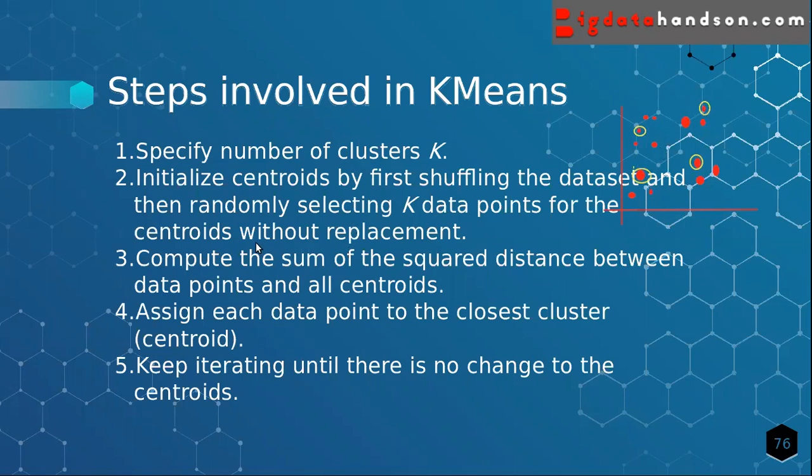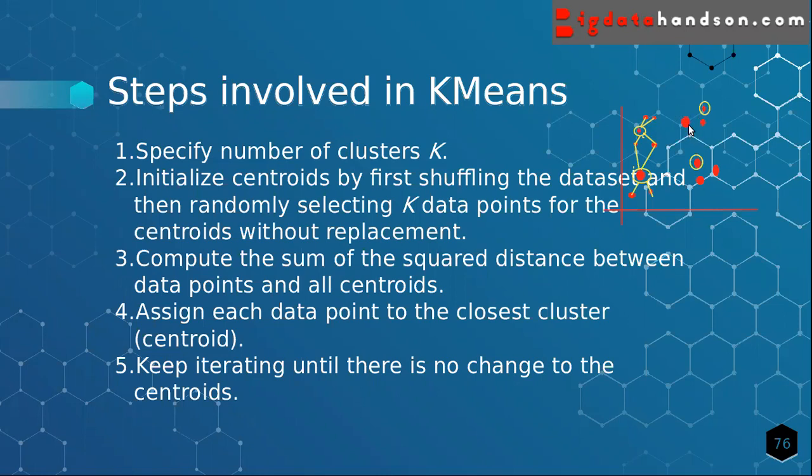Then in the third step, compute the sum of the squared distance between the data points and all centroids. That means we calculate the distances between each centroid and the data points, for example from this centroid to this point, and to all other points. After calculating the distances, we assign each data point to the nearest centroid. For example, let's take this point.